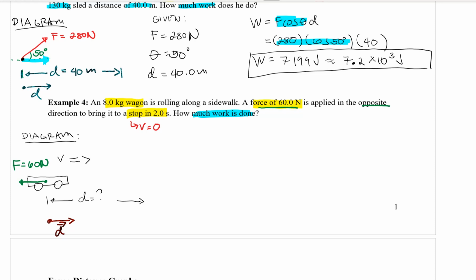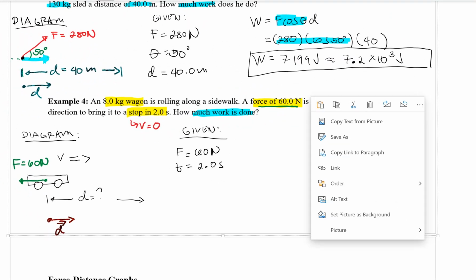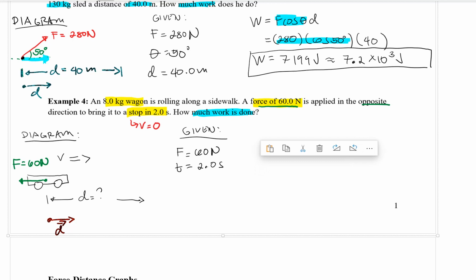If we write the given quantities, I've been given the force of 60 newtons and the time of 2.0 seconds. What else am I given?